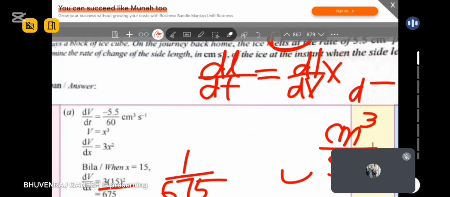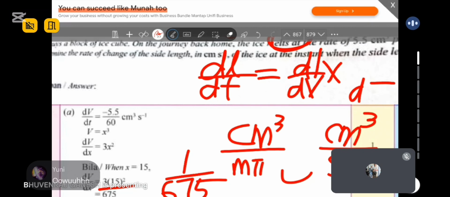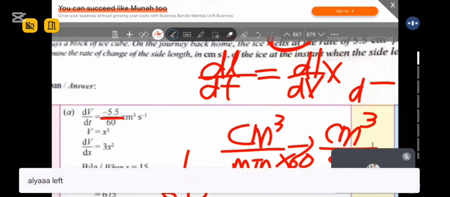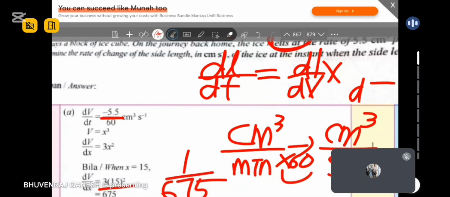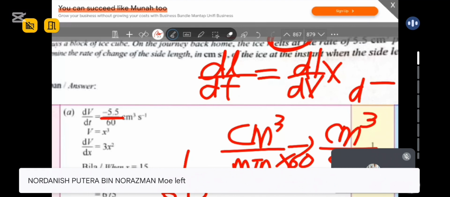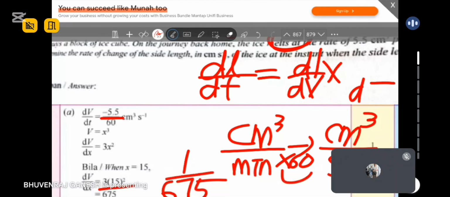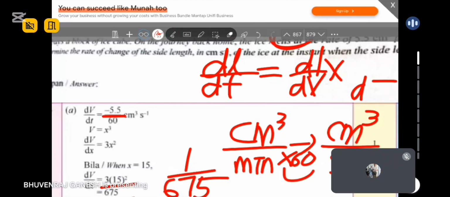Unit kamu kat bawah. cm cube per minute. Your unit is at the bottom. So means that you must divide 60. Tapi sebenarnya kamu darab saja. Your timesing. Tapi kamu darab kat penyebut pecahan. Your times at the denominator. Okay, but then you must include the fraction. Kena tunjuk pecahan tu. So bahagi 60. You all understand, guys? Boleh dapat, right?